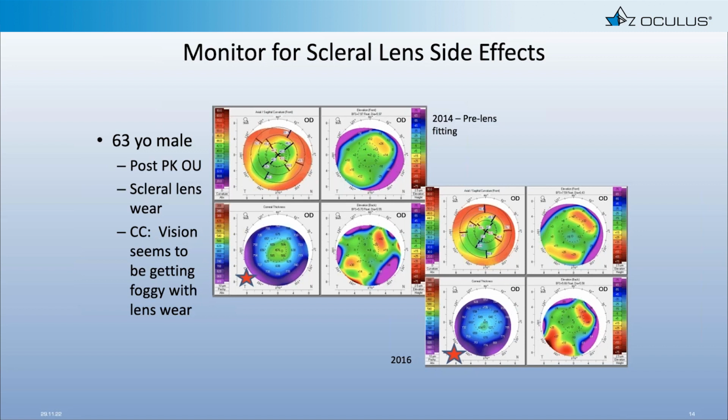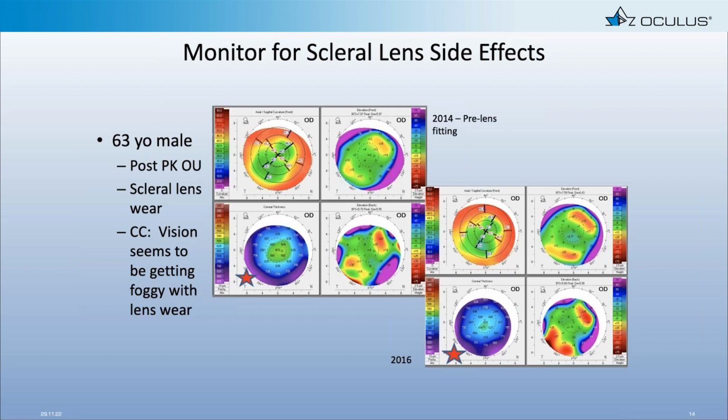And this is just a great example of a patient that I had several years ago who had a penetrating keratoplasty bilaterally, probably 25 years prior to when I first started seeing him in 2014. He presented for scleral lens fitting.